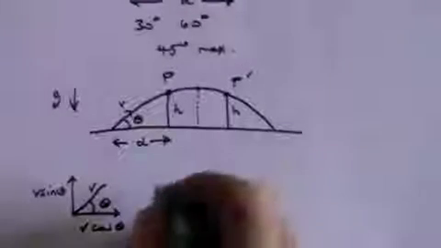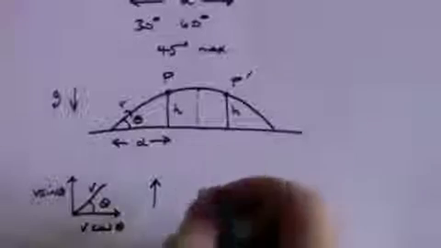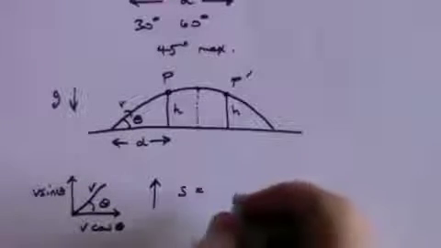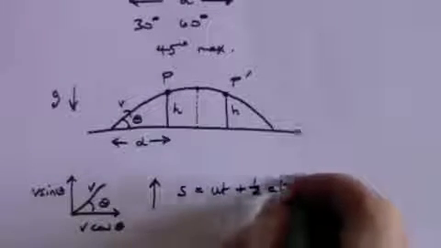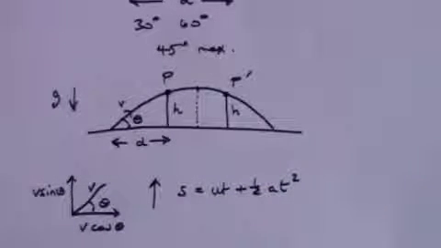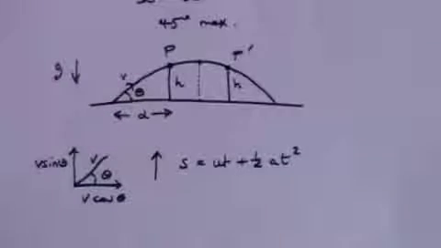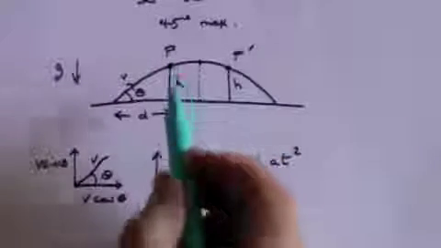And so if we look in the vertical direction, we can say that s, which is distance, is equal to ut plus half at squared. That's another one of the formulas which I derive. It's a general one of the Newton's laws of motion formulae in classical mechanics. Well, s in this case is the height h.